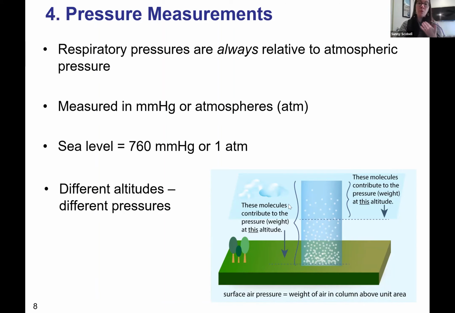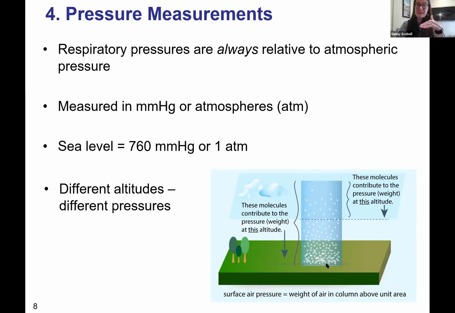It's literally the weight of the molecules in the air as they push down and get pulled towards the earth because of gravity. They'll be bounded on the outer parts of our atmosphere by the ozone layer, and they will be more dense towards the earth. So there are literally just fewer of them above you.